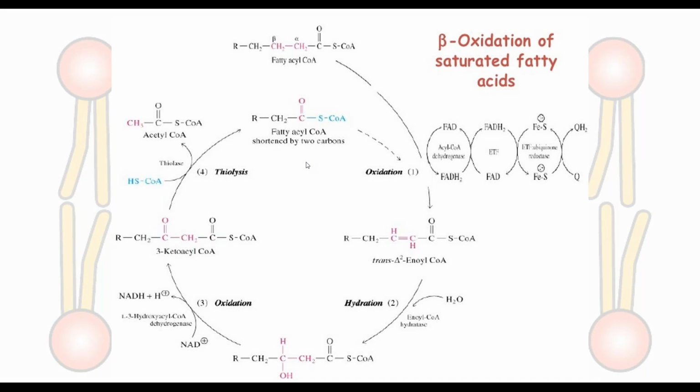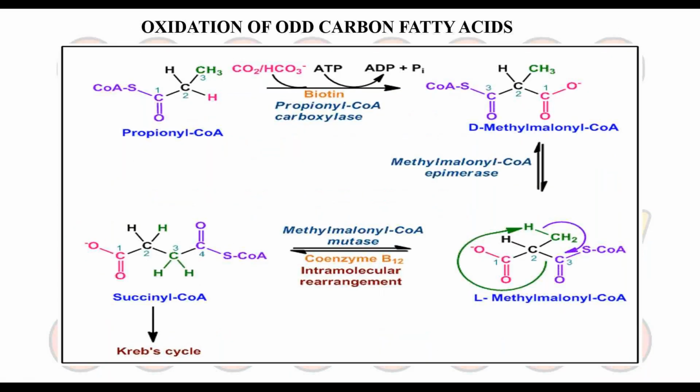Okay, so that 3 carbon fatty acid acyl CoA is propionyl CoA. Methane, ethane, propane: when you have 3 carbon atoms, it becomes propane. So it contains 3 carbon atoms, and it is called propionyl CoA. Now this propionyl CoA, you cannot lose another 2 carbon atoms, because then you will not have anything later to metabolize.